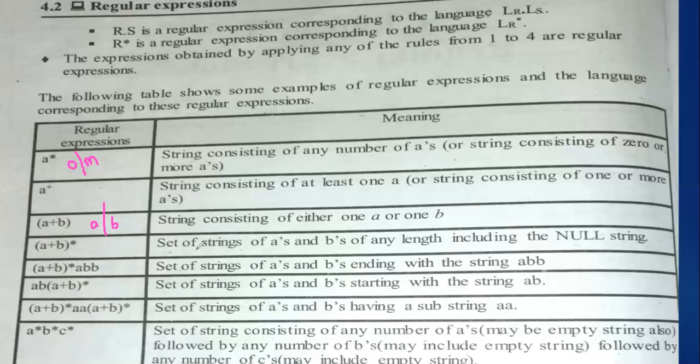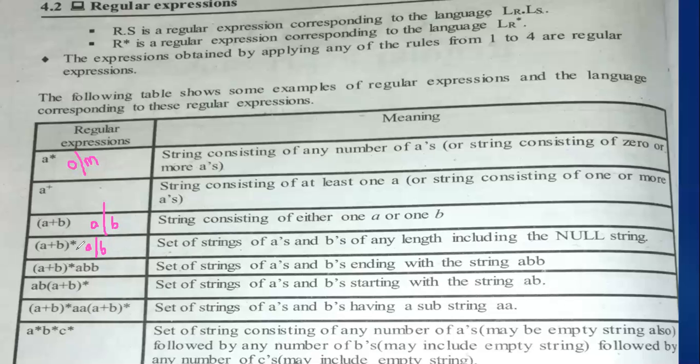Here, the set of strings of A's and B's of any length, including the null string. See, A plus B whole star we are having. Don't feel that only once either A will be printed or only once B will be printed. Star represents zero or more times.